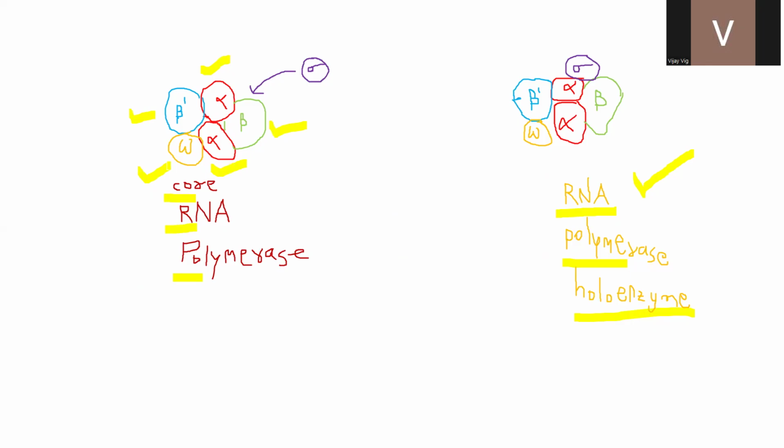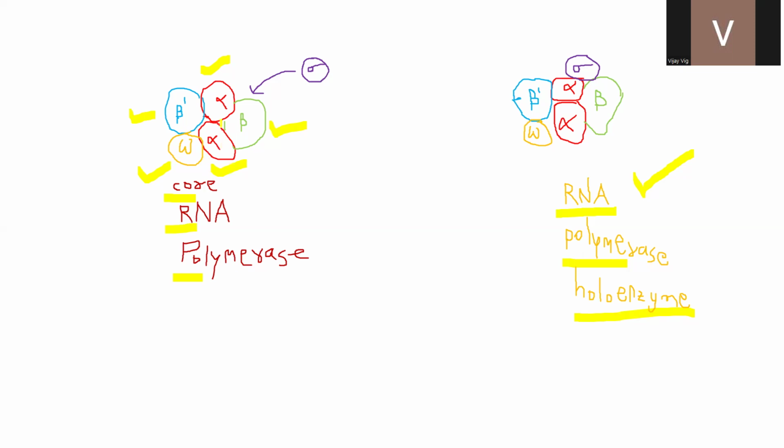So these 5 polypeptides, alpha, alpha, beta, beta prime, and omega, make the core RNA polymerase of E. coli. And when we say 5 polypeptides, there are 5 copies, but there are 4 types of polypeptides, alpha, beta, beta prime, and omega, because alpha is in 2 copies.